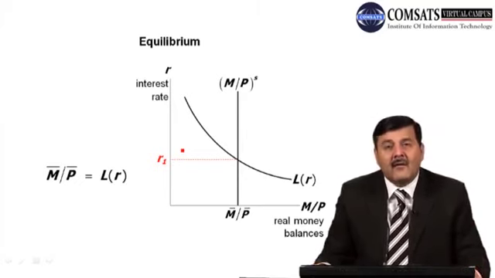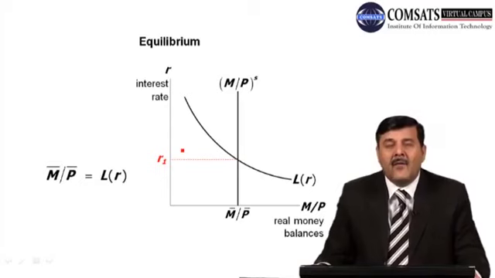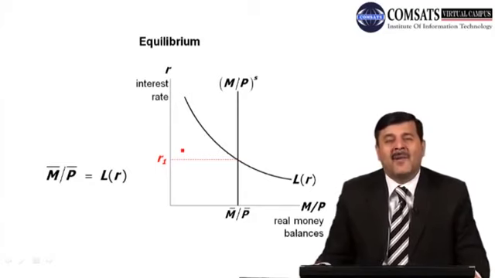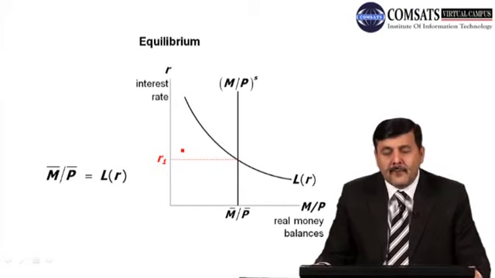If you look in this slide, we are measuring interest rate on the y-axis, and demand for and supply of real money balances on the x-axis. We have a money supply curve which is given, which is vertical. We have a negatively sloped money demand curve, as we have discussed in the previous slide.